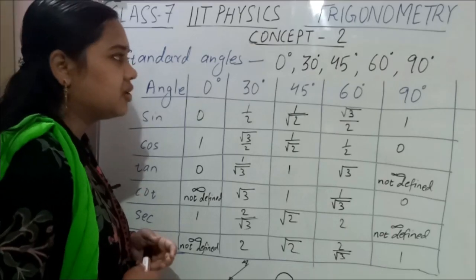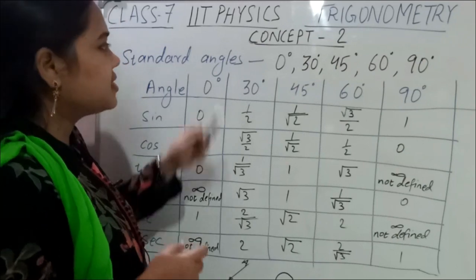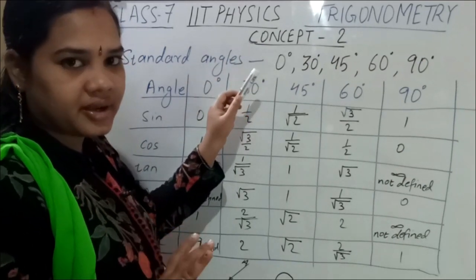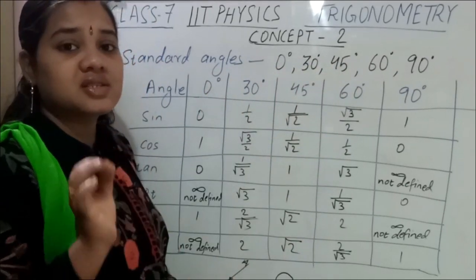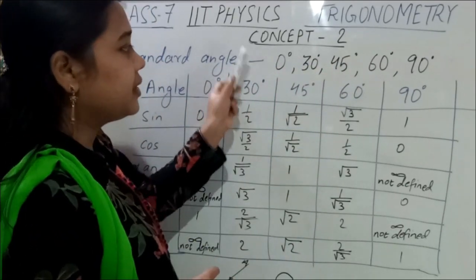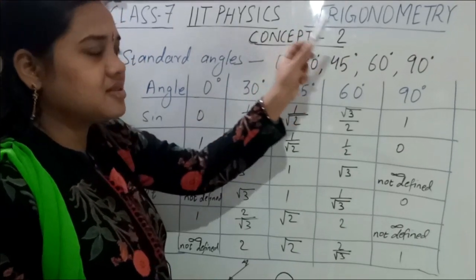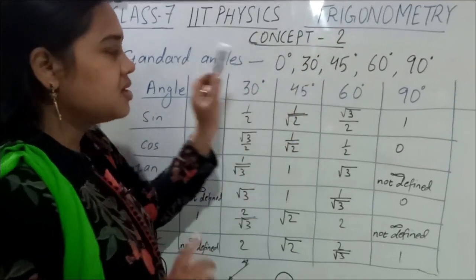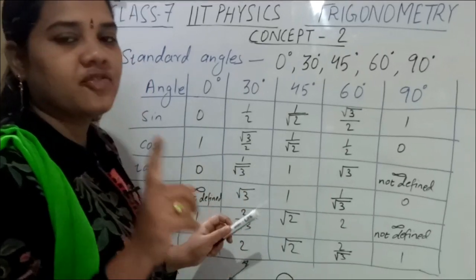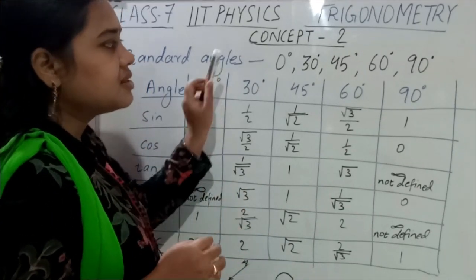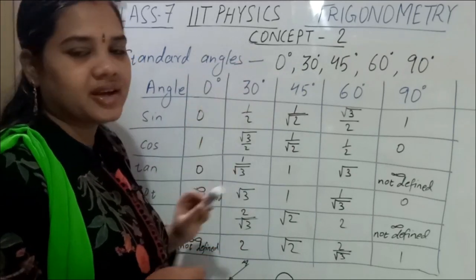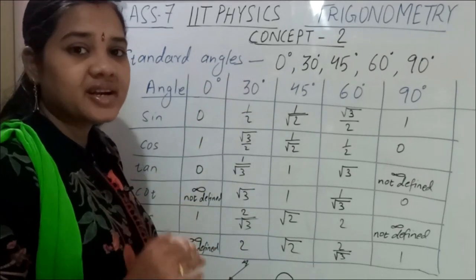So out of these angles, for trigonometric ratio values, these angles are considered standard angles: 0 degree, 30 degree, 45 degree, 60 degree and 90 degree. Remember, these 5 angles are considered standard angles.